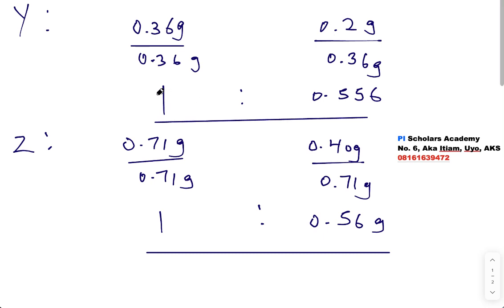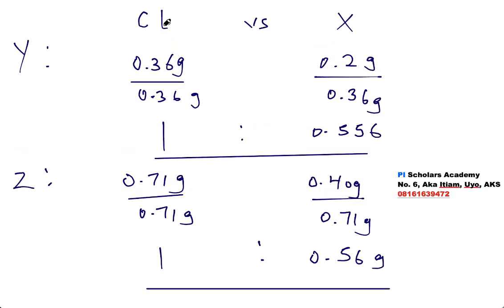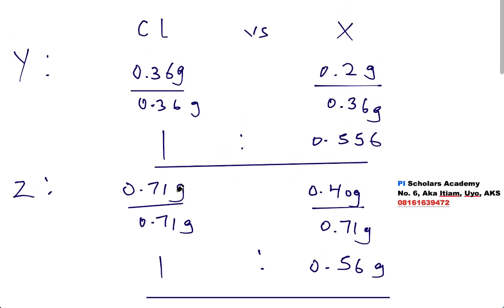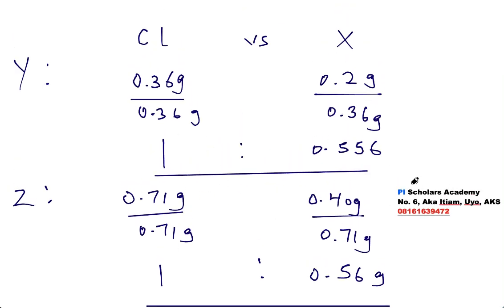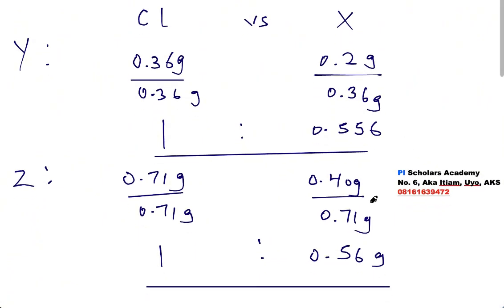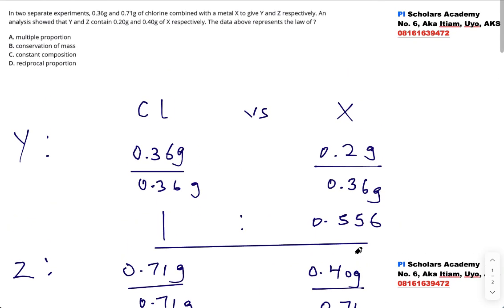Since there's no difference between these ratios, what I've done basically is that I've fixed the mass of chlorine in both cases. Can you see that? But even by fixing the mass of chlorine, the mass of X, in terms of ratio, still remains the same for both of them. And if this happens, it implies that this represents the law of definite proportion, which is also known as the law of constant composition.